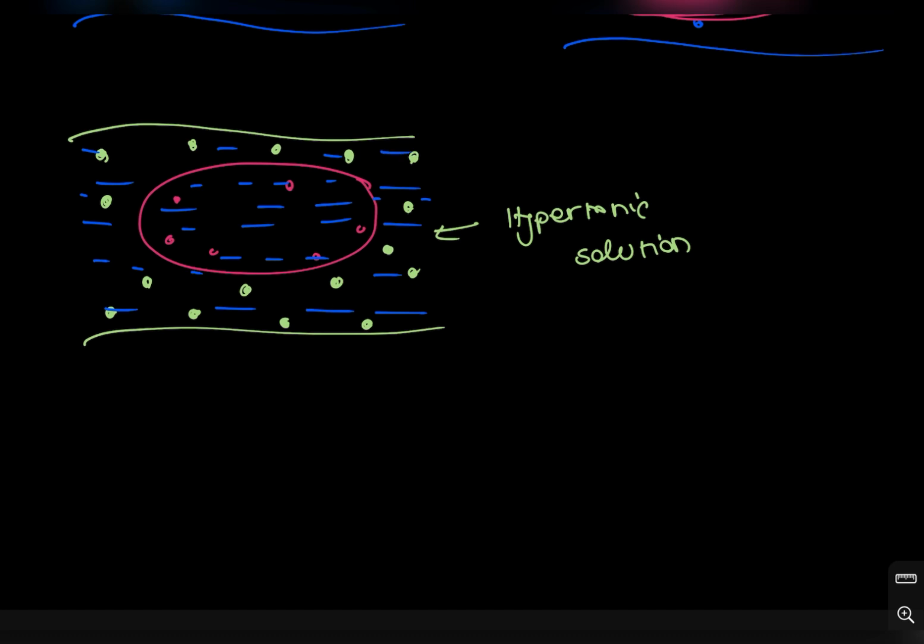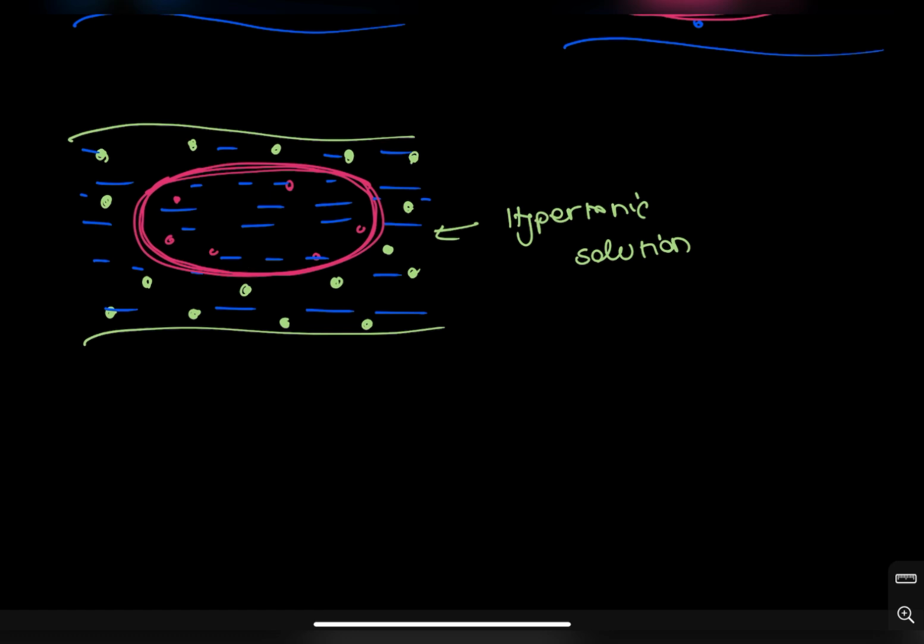Now, again, as we have said, this membrane is not permeable to the solute particles. Otherwise, these solute particles would just enter inside because of the concentration difference between the solution and the RBC. But since it is not permeable, that would not happen. But it is permeable to the solvent, right?